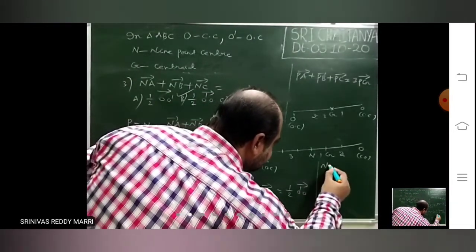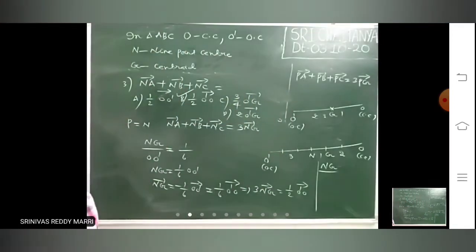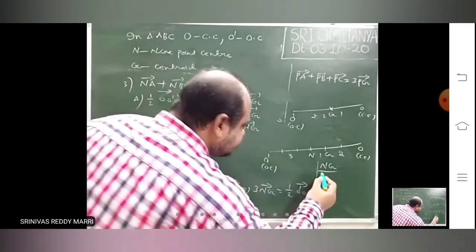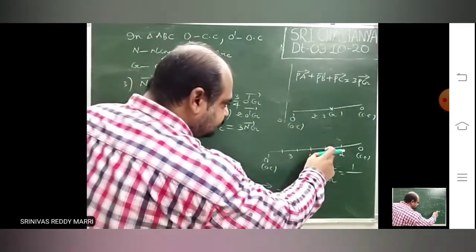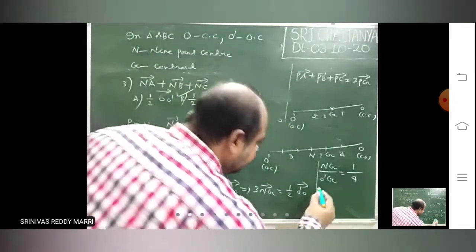Here I am finding the relation. Look at NG divided by O'G. He is asking about O'G also. NG is 1 part, and O'G is 3 parts plus 1 part, 4 parts. Right?